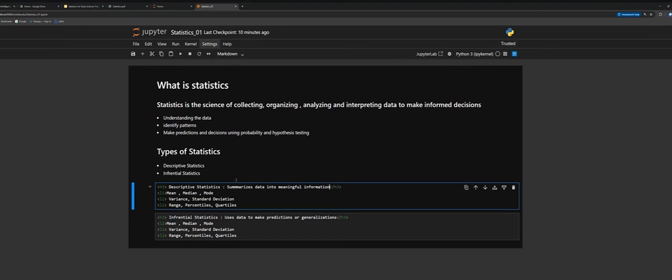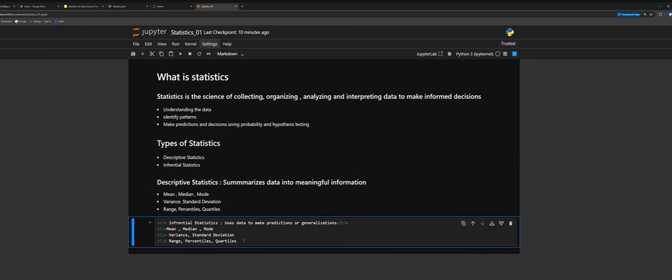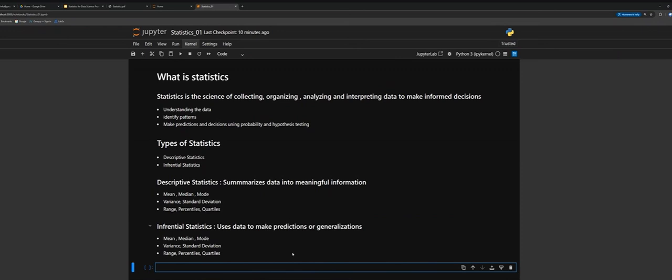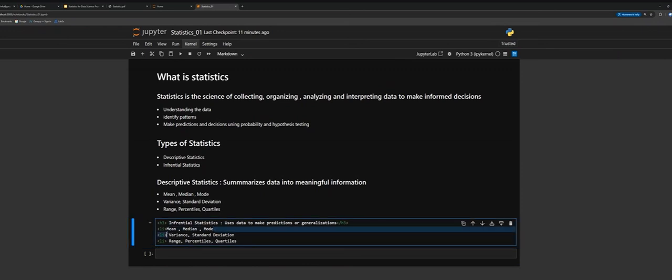So this is the definition for this, and inferential uses data for prediction. The difference between descriptive and inferential is that inferential uses data to make predictions or generalizations.